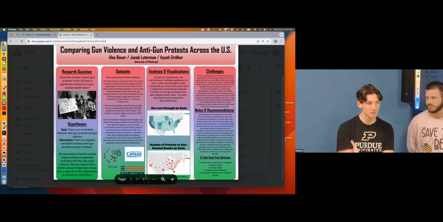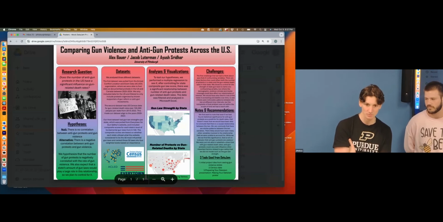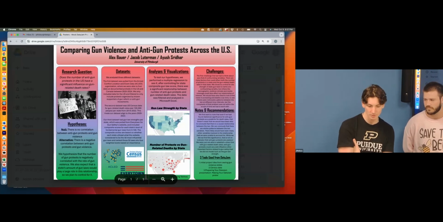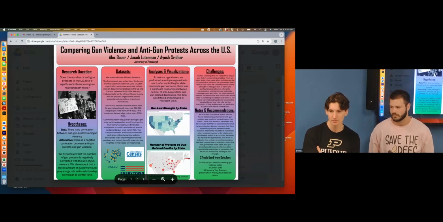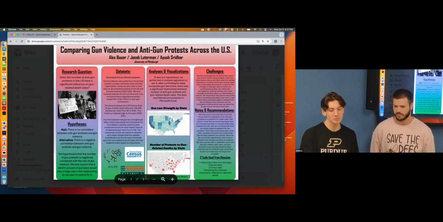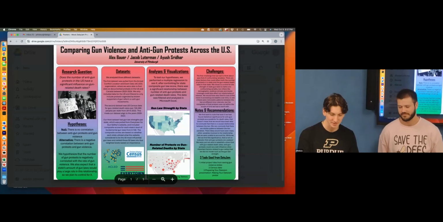We also did individual models of just gun control strength and protests by themselves, and then we also did the multiple regression. It would have been nice to visualize those as well, thinking after finishing. But definitely working through learning Tableau was tough.